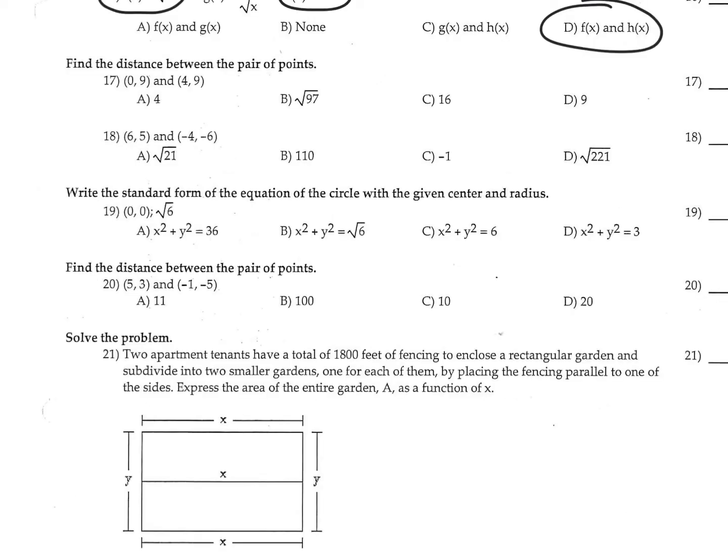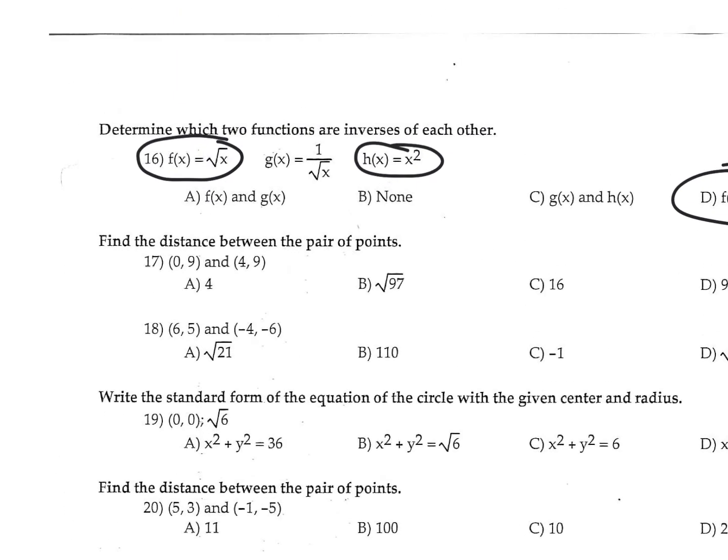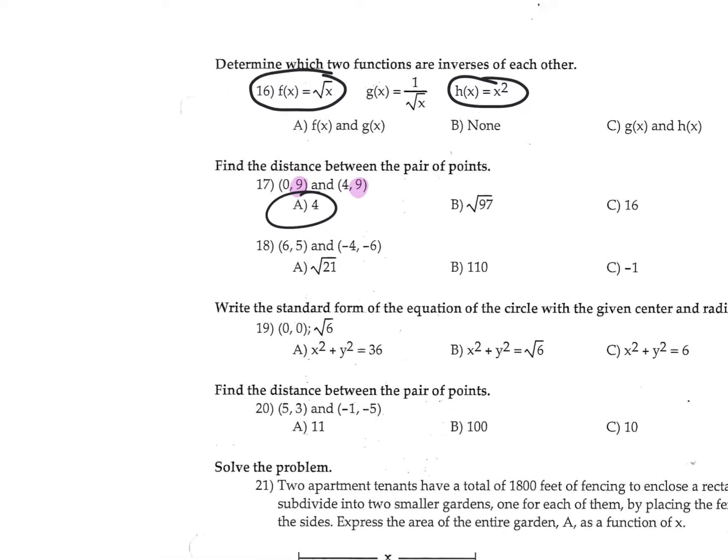On to 17, we are asked to find the distance between 2 points, and maybe you're thinking distance formula, which we know is just another form of Pythagorean theorem, but pay attention, save yourself some time. Our y coordinates are the same. So the straight line distance is just between 0 and 4 in the x direction, meaning A is the best answer.